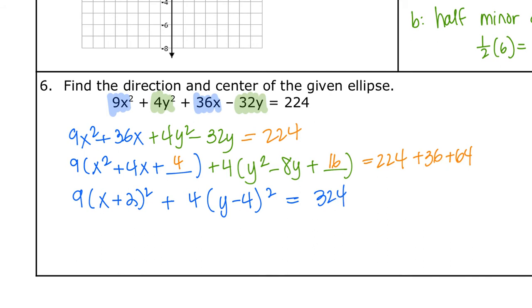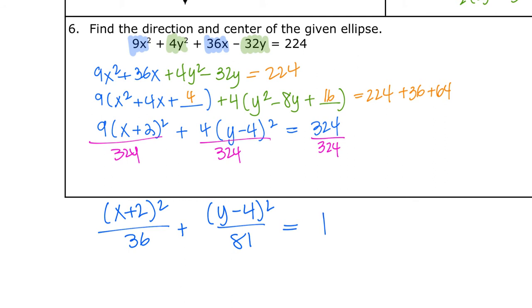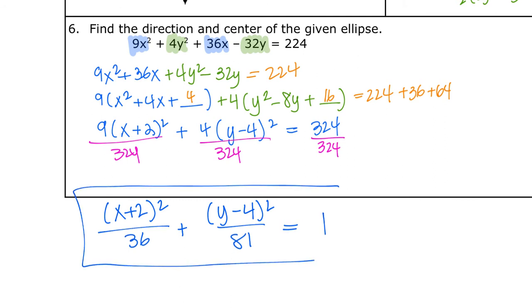So to fix that, let's divide everything by 324. And then simplify as much as we can. Okay, so it ends up being x plus 2 squared over 36 plus y minus 4 squared over 81 equals 1. So there's our equation.